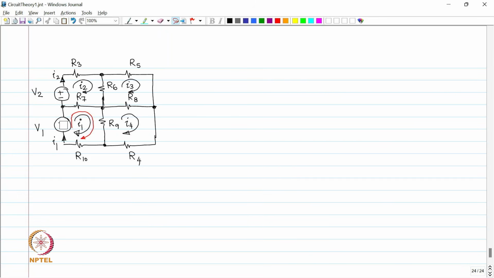Okay, first what I am going to do is I am going to change that voltage source to a current source. Okay, just for fun.